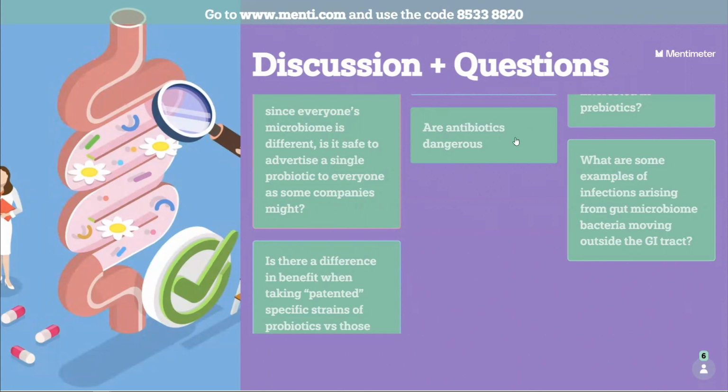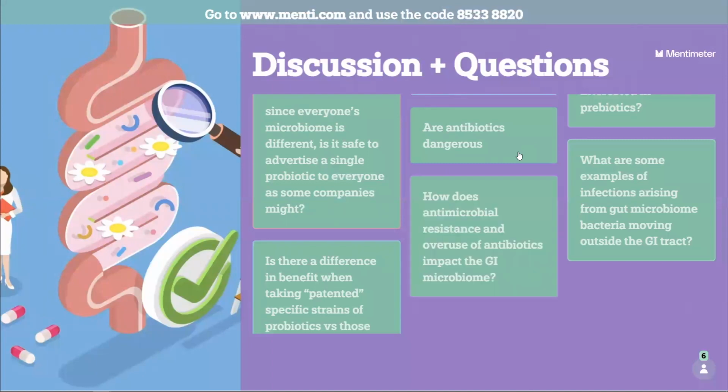I do want to address this one. Are antibiotics dangerous? That is a loaded question. I think the overuse of antibiotics can be dangerous. Someone has just piped in, how does antimicrobial resistance and the overuse of antibiotics impact the GI microbiome? Without spending too much time on it, this is related to that FMT and that C. difficile infection.